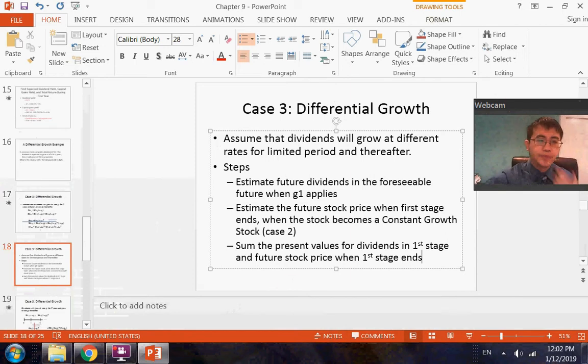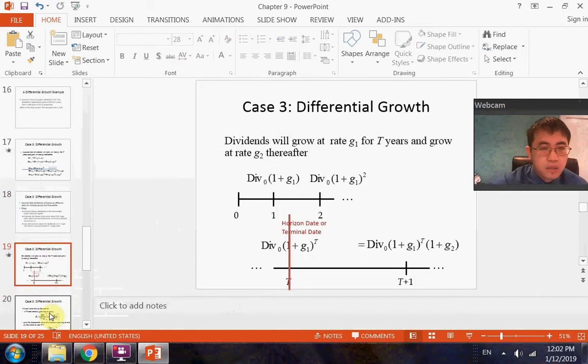All right. So if you map out all the cash flows, from 0 to 1 you have dividend 1 received by you, and then you have dividend 2, which is dividend 0 times 1 plus G1, and so on and so forth, until you reach year T. Then your dividend will start to grow at the second growth rate.